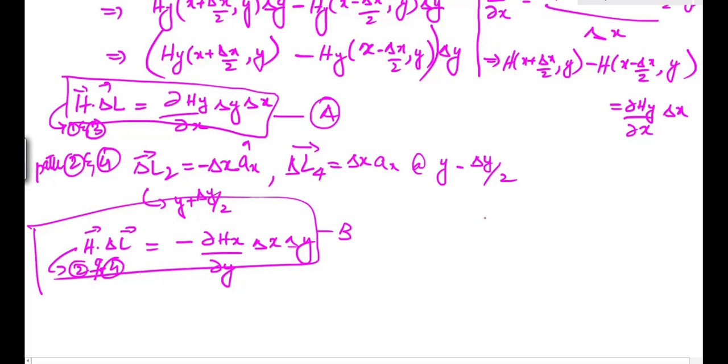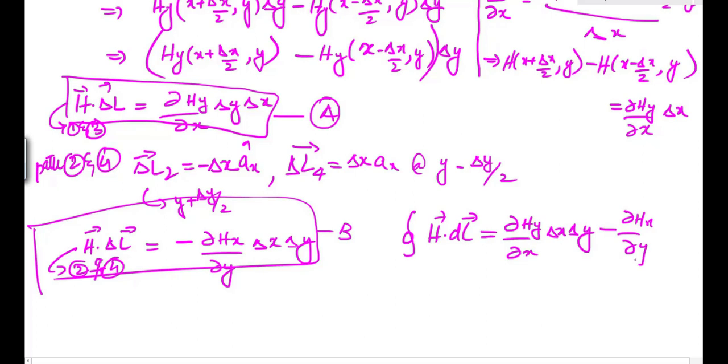Now we can go back to our expression in which we want to obtain the closed line integral of h dot dl, which we said will be equal to path 1 plus path 2 plus path 3 and path 4. Path 1 and 3 is given by the partial hy over partial x, delta y, whereas 2 and 4 add up to minus partial hx over partial y into delta x and delta y.